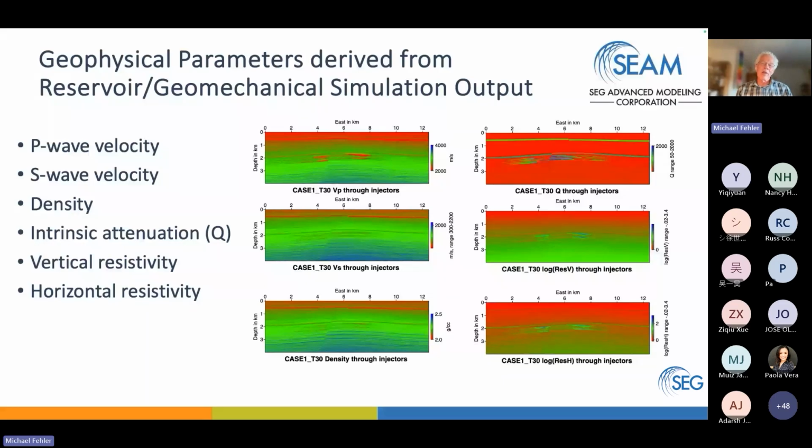I should say that the reservoir simulation did not output the geophysical parameters. We had to output the reservoir properties, which could then be used, using raw physics, to define the geophysical parameters. And this is just to illustrate the parameters we defined: VP, VS, density, intrinsic attenuation, and resistivity, horizontal and vertical. The seismic simulations are isotropic, just to keep it simple at this point.